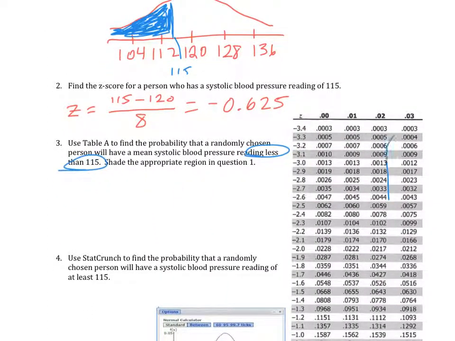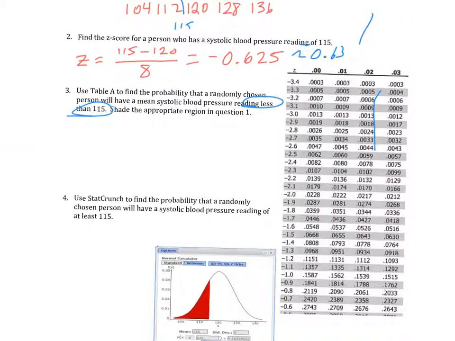So if you look on the table and find a z-score of negative 0.63, let's say, we'll round, you go down on the table and look here, you'll see negative 0.63. So the shaded area will be 0.2643. Okay, so that's your answer. About 26% of people will have blood pressure less than 115.